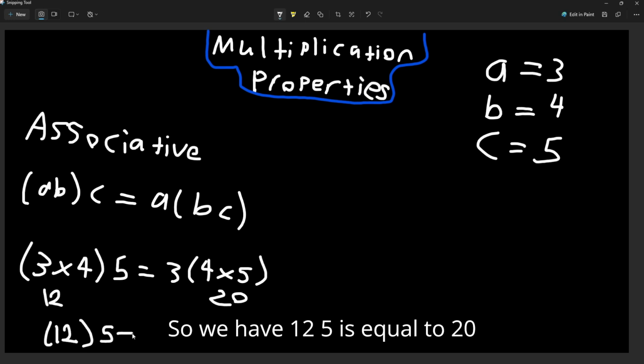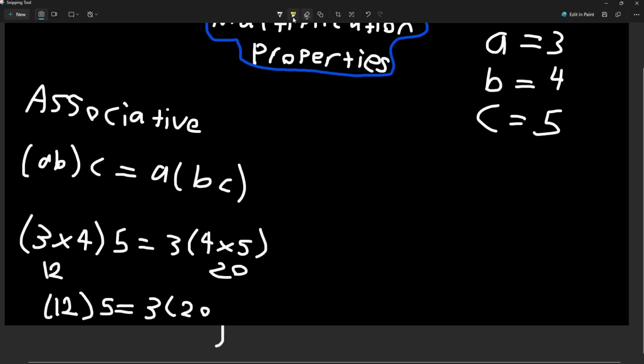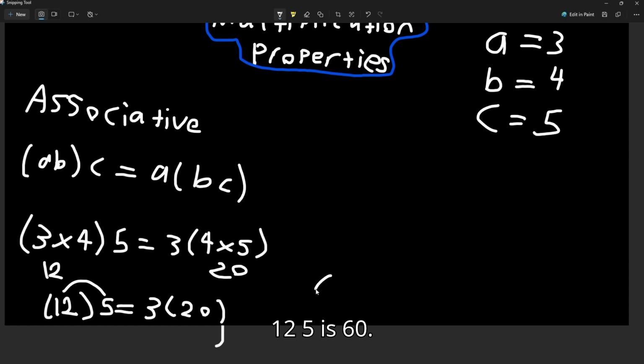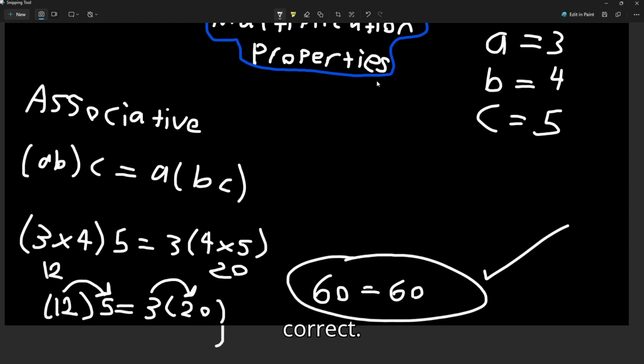So we have 12 times 5 is equal to 20 times 3. 12 times 5 is 60. 3 times 20 is 60. 60 is equal to 60, this is indeed correct.